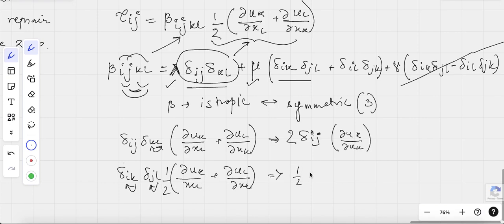So half, and we are using both the Kronecker's delta here. k is becoming i, l is becoming j, l is becoming j, k is becoming i.